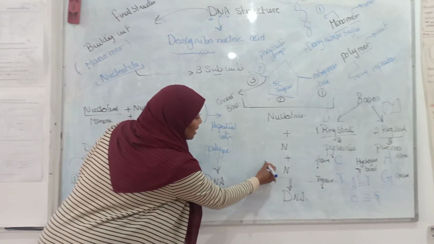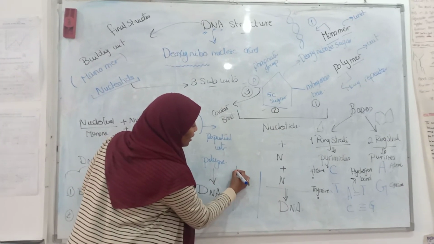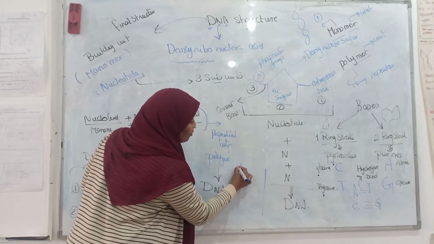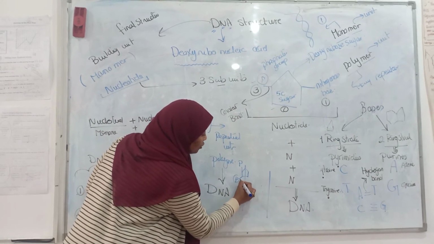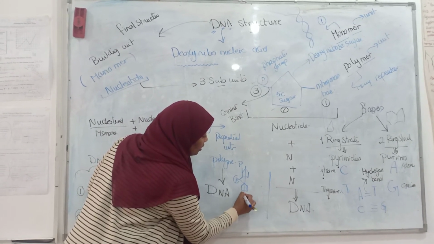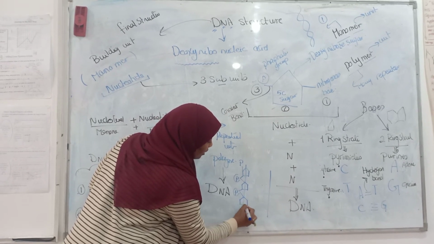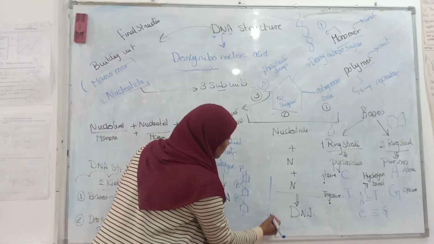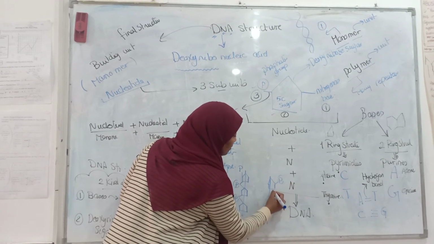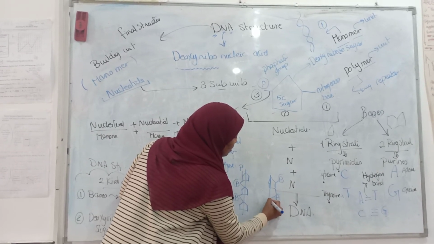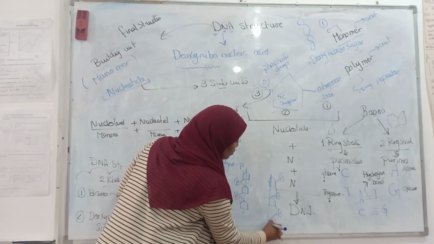So, if this is the DNA, one strand and another strand, let's draw it as if you are drawing in a form of nucleotides. Phosphate joined to sugar, phosphate joined to sugar, like this. What about here? It will be sugar also. Phosphate joined to sugar, phosphate joined to sugar.